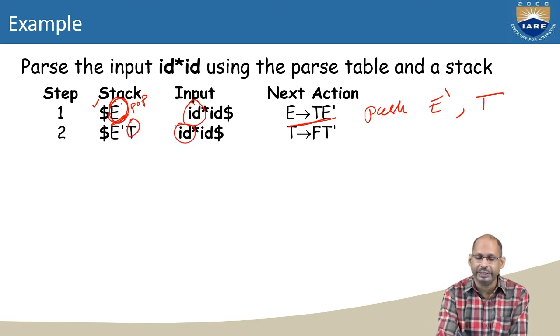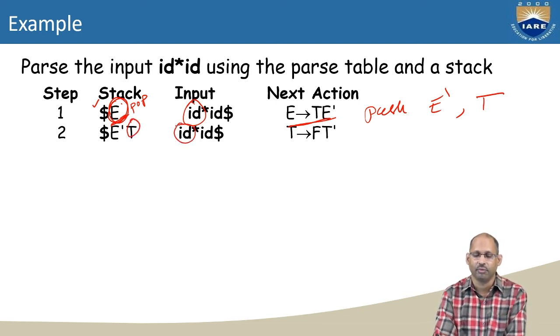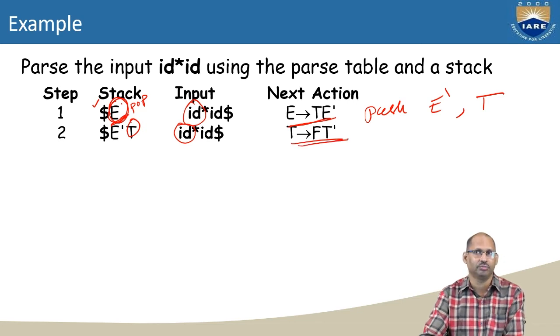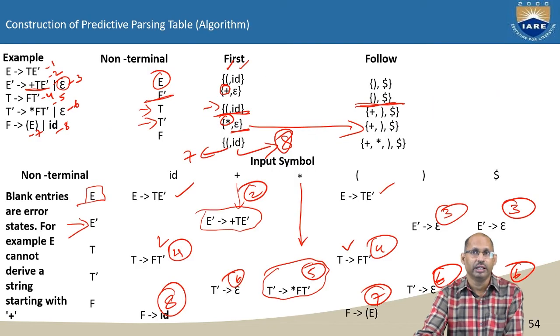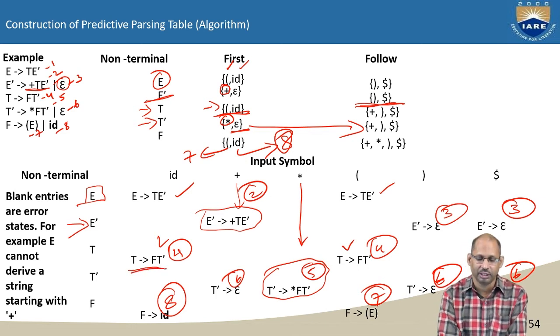Now T and id. In the table, T and id is giving T gives FT', right?